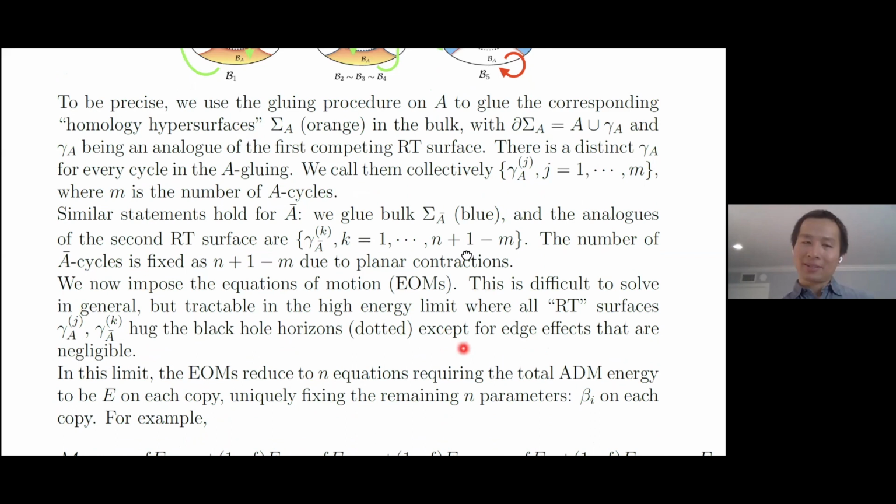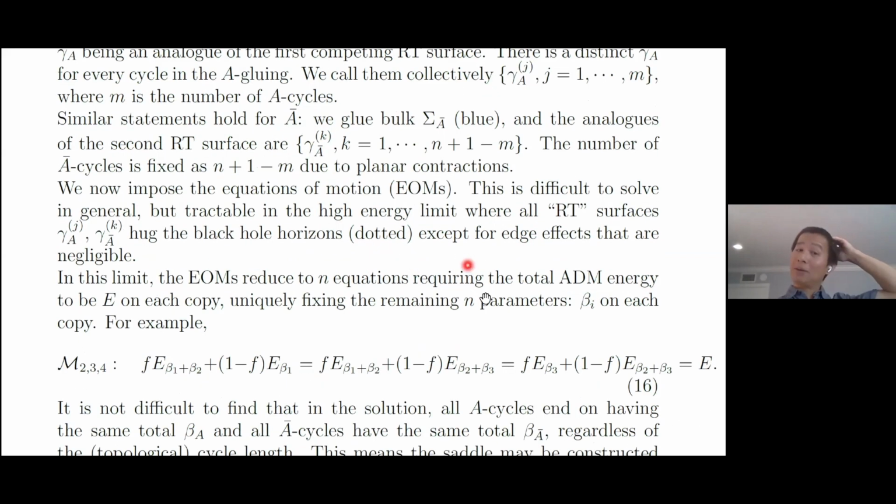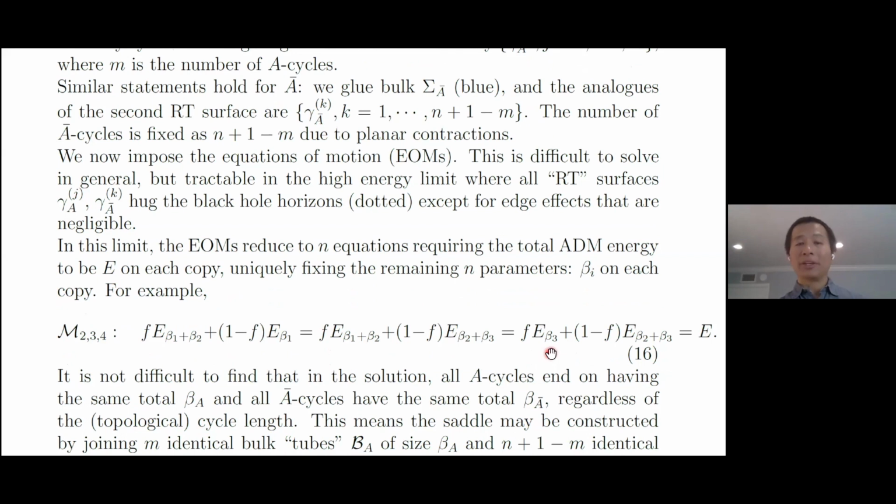Because in this limit, so I'm going a little fast because time is short, but these details can be worked out. So the point is that in this limit, the equation of motion simply reduces to n equations, and they are normal equations, non-differential equations, requiring the total ADM energy to be E on each copy. And this will uniquely fix the remaining n parameters, the betas, one on each copy.